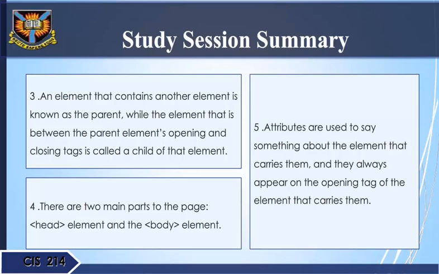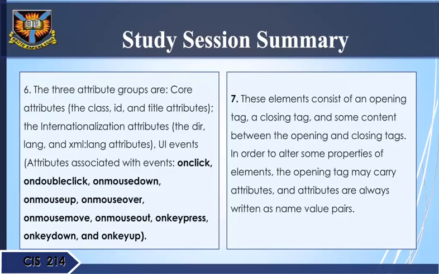4. There are two main parts to the page, the head element and the body element. 5. Attributes are used to say something about the element that carries them, and they always appear on the opening tag of the element that carries them. 6.